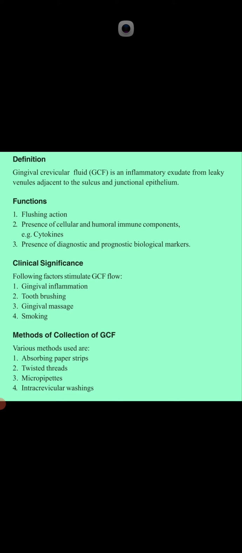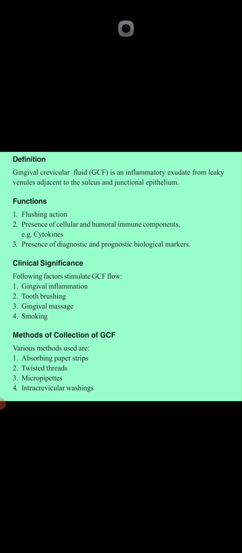What is GCF? Gingival crevicular fluid is an inflammatory exudate. There is exudate and transudate. In transudate there is no cell, only plasma which leaks from the blood vessel, but in exudate there are cells and proteins, because in inflammation permeability and vascularity increase. As a result, cells move outside of the blood vessel.